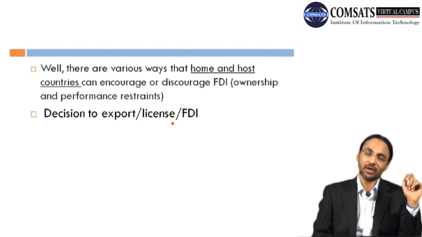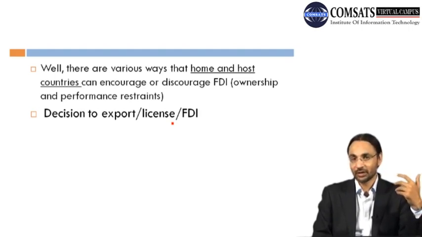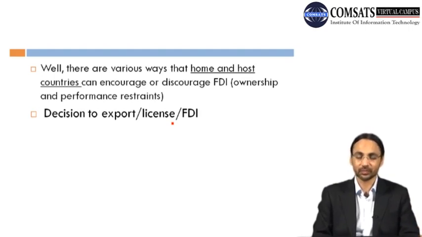They can provide loans on better conditions to encourage firms to go out, or they can provide some tax rebates, and guarantees. Another way that the home country can encourage firms to go out is to provide them some sort of foreign investment insurance. If something uncertain happens in the foreign market, their property and capital will be insured.